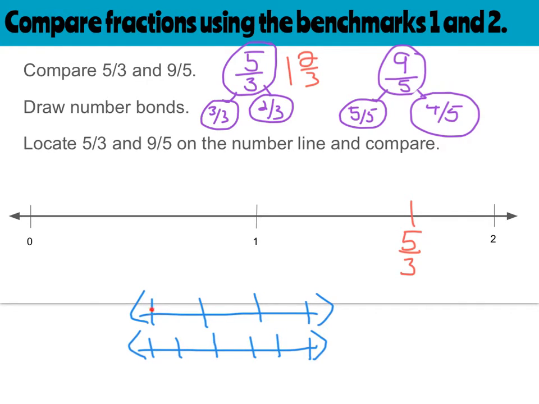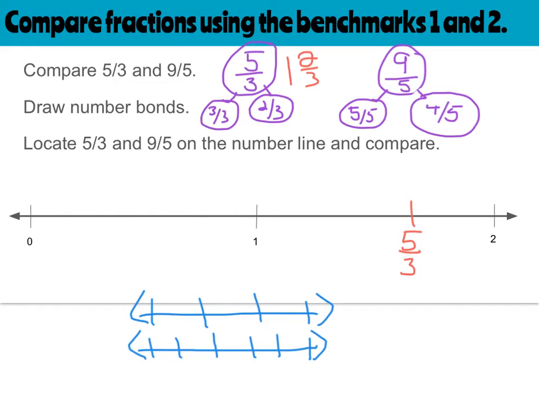We have 1, 2, 3 pieces, and 1, 2, 3, 4, 5 pieces. So which pieces are bigger, my 1/3 pieces or my 1/5 size pieces? If I look at this, my fifth size is quite a bit smaller than 1/3 size, because in this model, my 1 whole is being broken up into 5 pieces, while up here it's only being broken up into 3 equal pieces. So the fraction that's broken up into fifths is going to be a lot smaller.